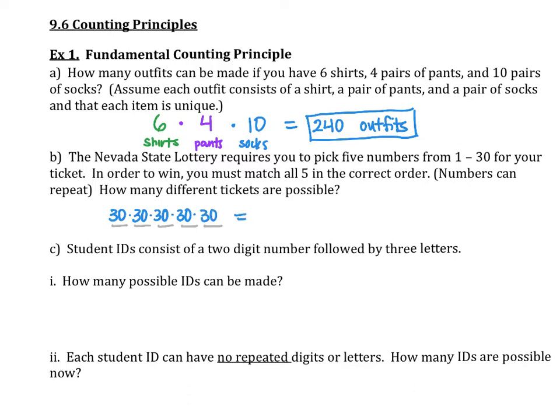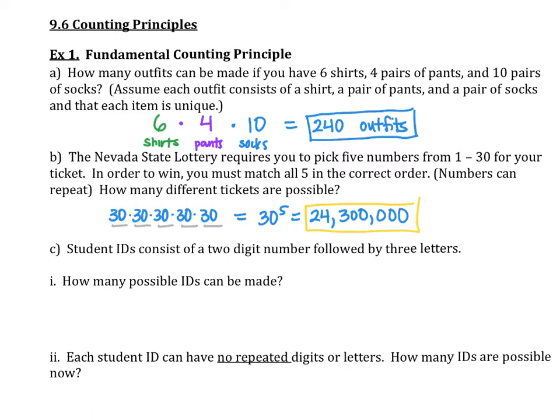So there's 30 to the 5th possibilities. If I put that in my calculator, that would be 24,300,000 ways to pull the 5 numbers, however they pick the lottery.